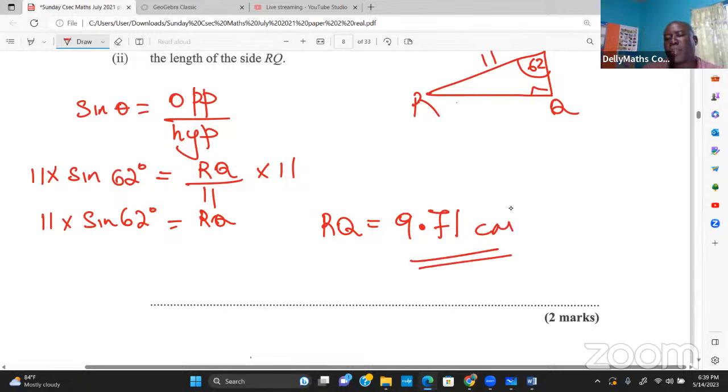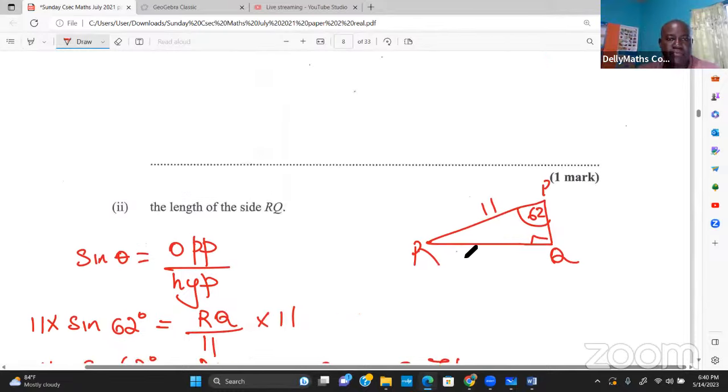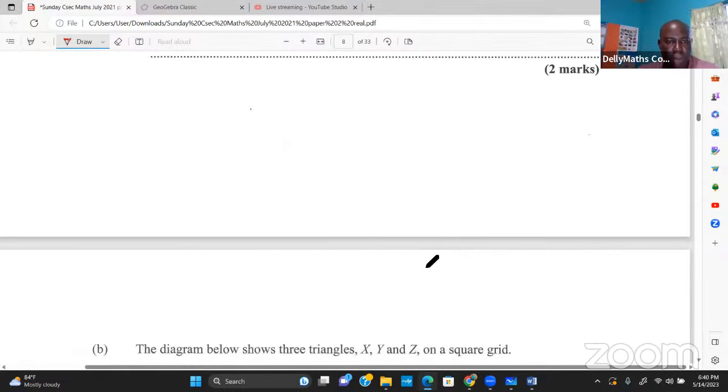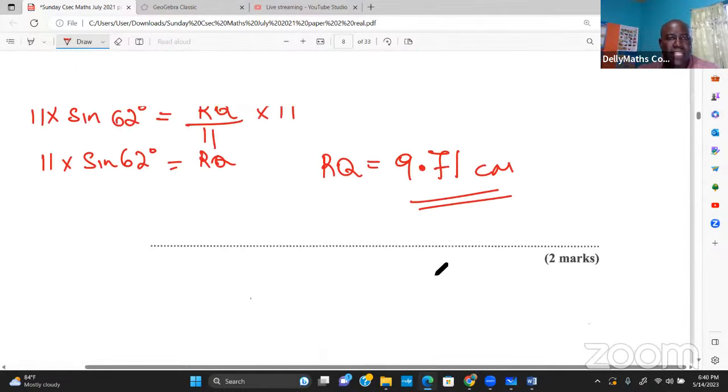Here is the thing: when you're not told what decimal place or significant figure to use, always use 3 significant figures. That's like a default for CXC. So that is why I stop at 9.71 centimeters. All right, and that's for that.